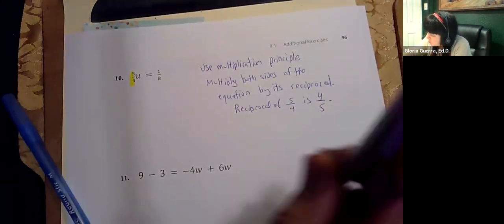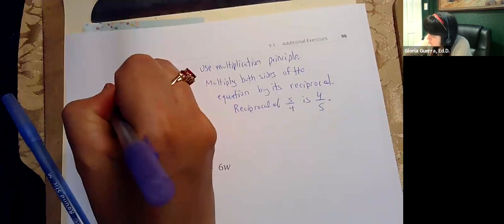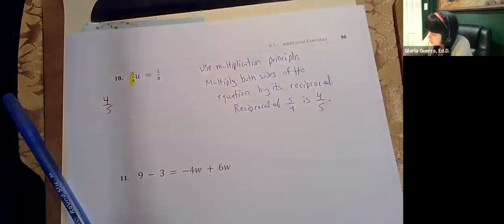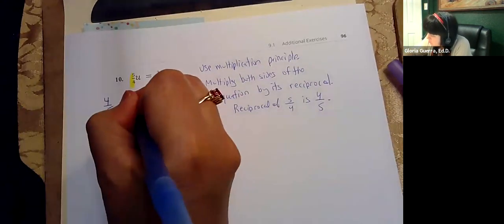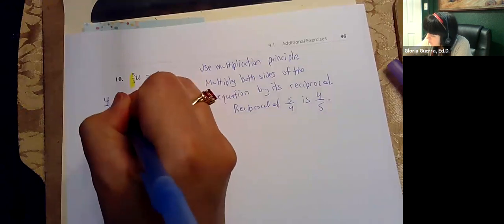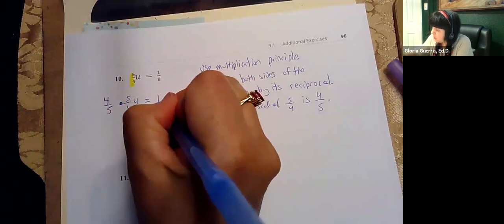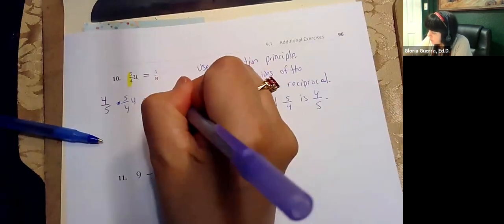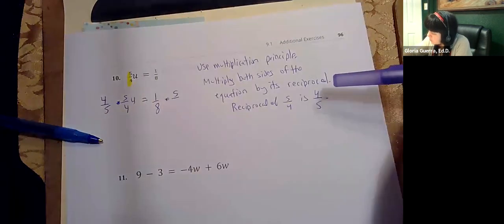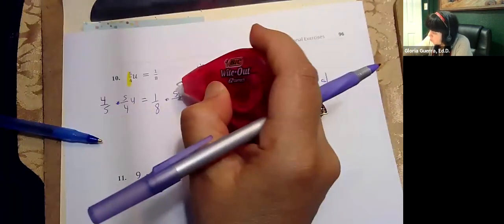Okay, so I start on this side, 4/5 times 5/4 u equals 1/8 times that 4/5, multiplying by the reciprocal.